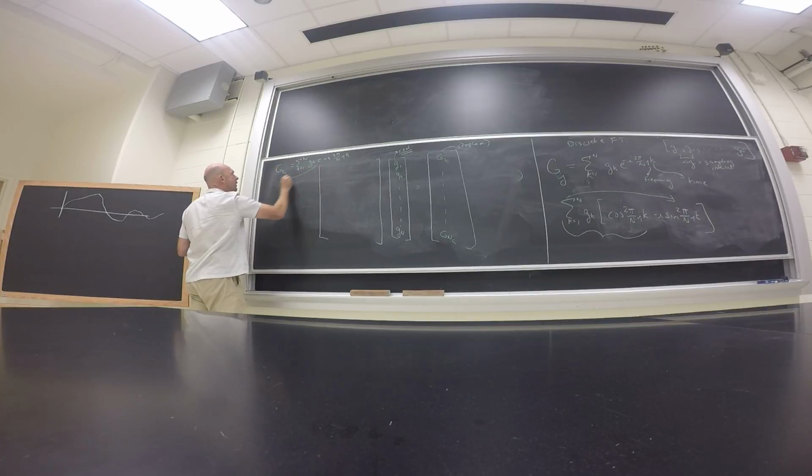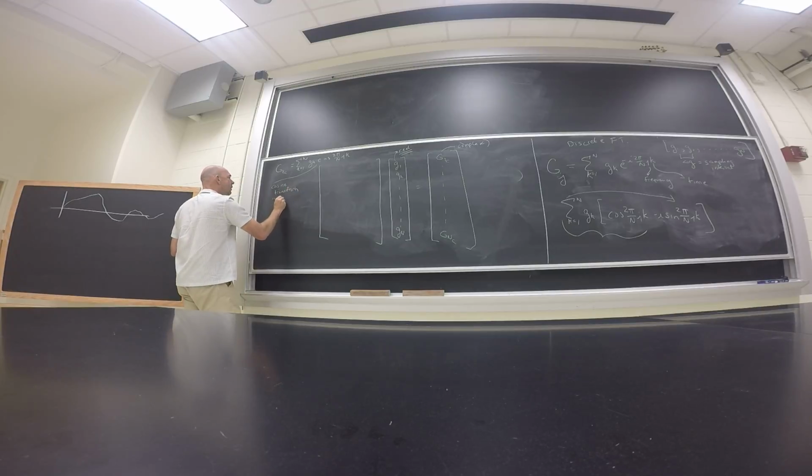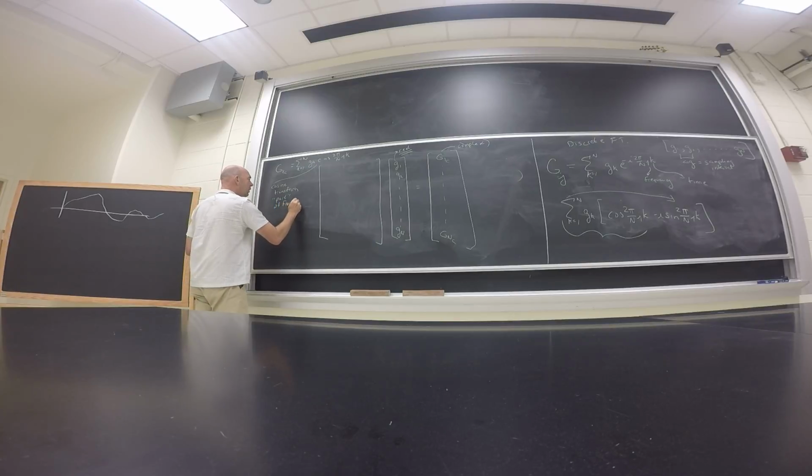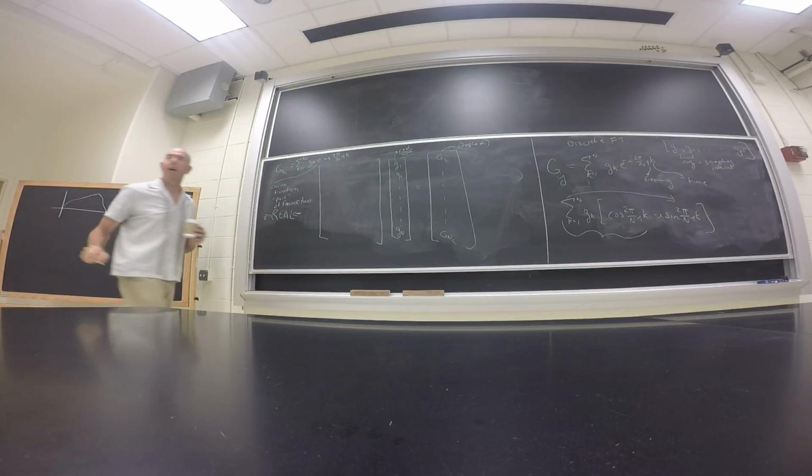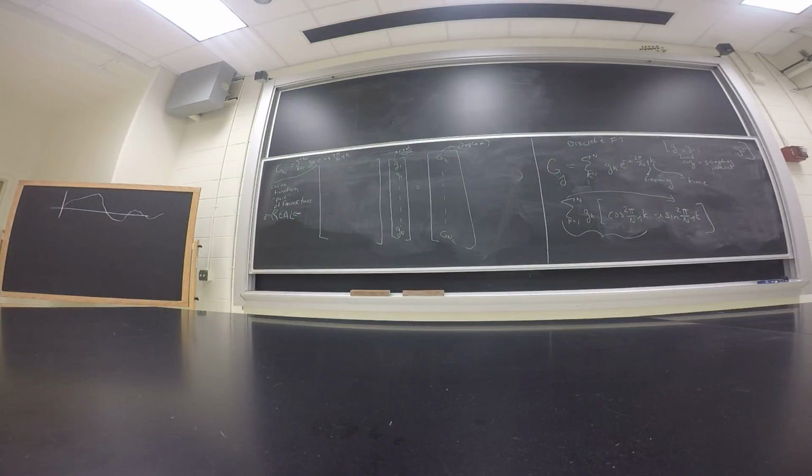This is known as the cosine transform, which is part of the Fourier transform. And notice that it is real. We don't have to worry about imaginary numbers in the cosine transform.